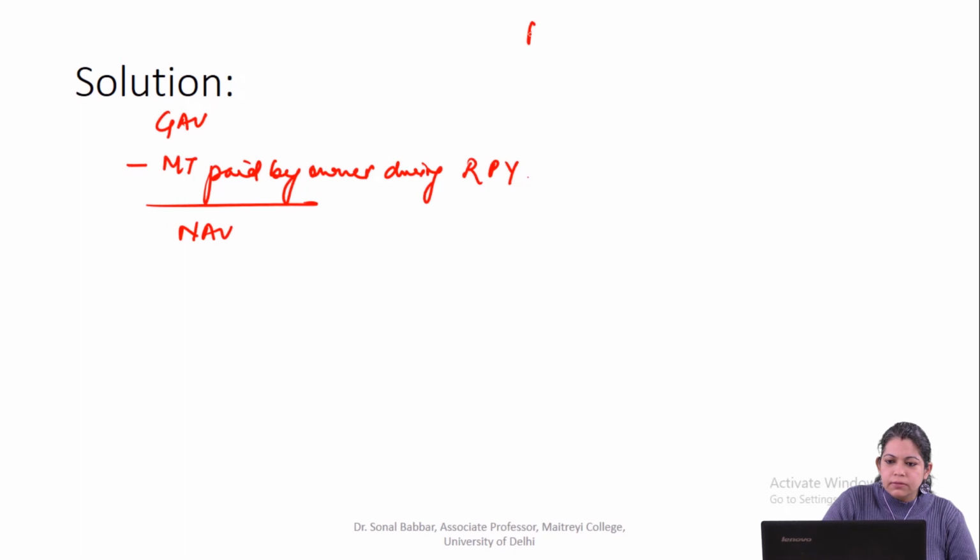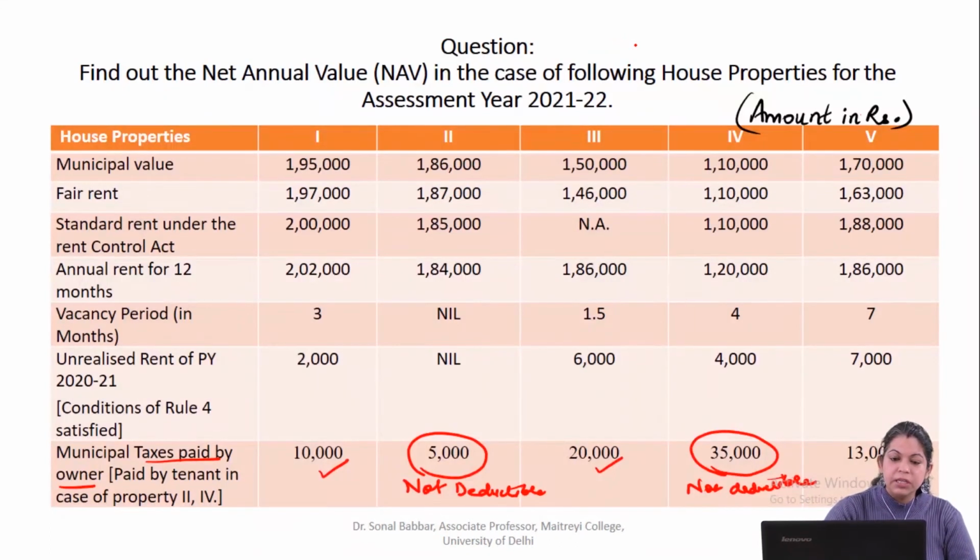So GAV, let us work for property 1, in a similar way to how we did in the previous question. The municipal value will be compared with fair rent. Take the higher of the two, which is 1,97,000. Compare it with the standard rent. Take the lower of the two, which is again 1,97,000. So 1,97,000 becomes the expected rent.